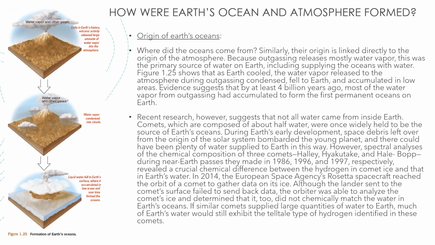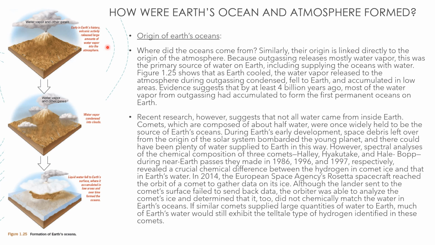The origin of the ocean is linked directly to the origin of the atmosphere. Why? Because outgassing released mostly water vapor, and this was the primary source of the water of the Earth, including supplying the oceans with water. In this figure, we have outgassing in volcanoes.